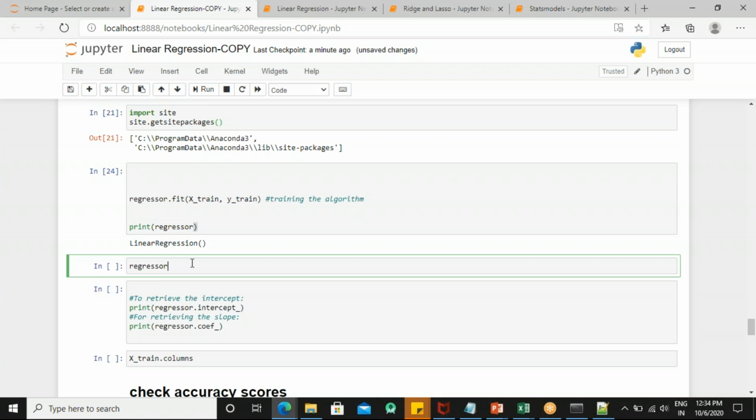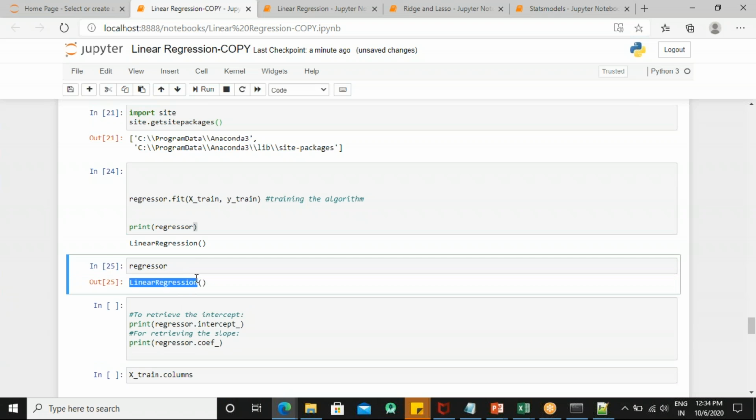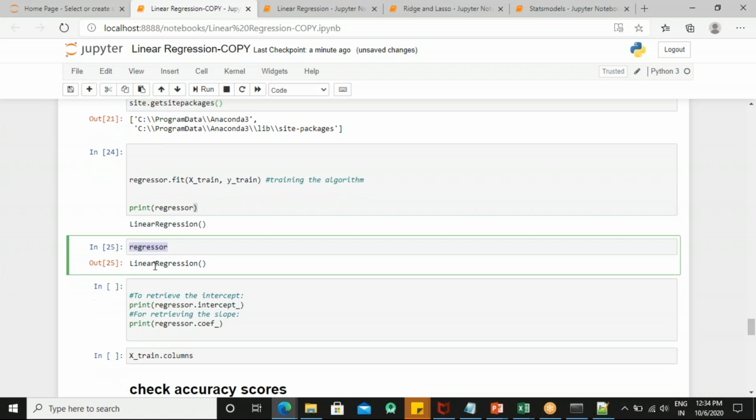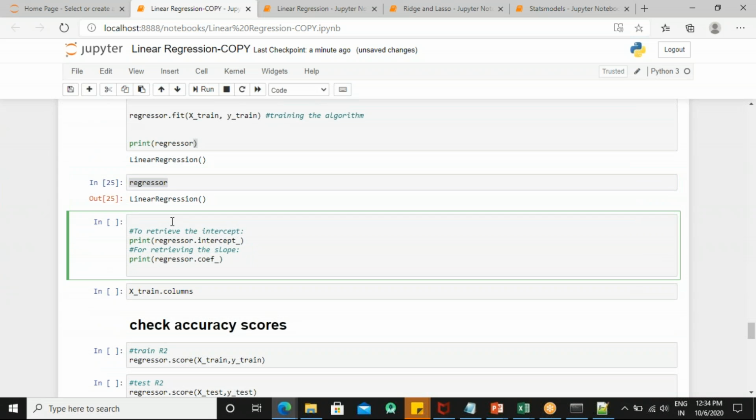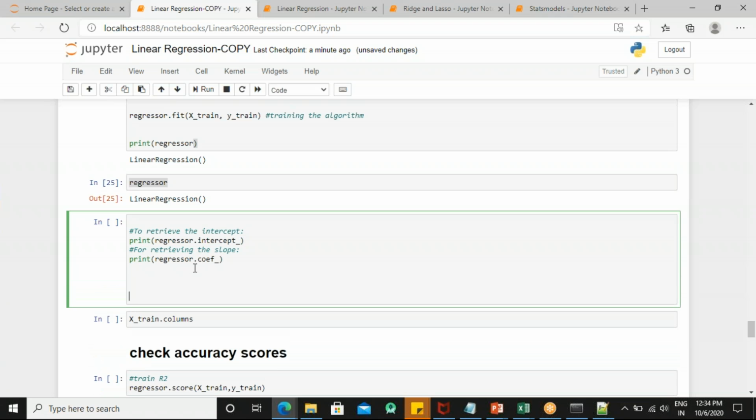But now what I want is different parameters of this trained model. The model is trained, but now what is the train accuracy, what values of coefficients has it found, what value of intercept has it found, right? So now I have to build the equation y equals beta naught plus beta 1 x1.